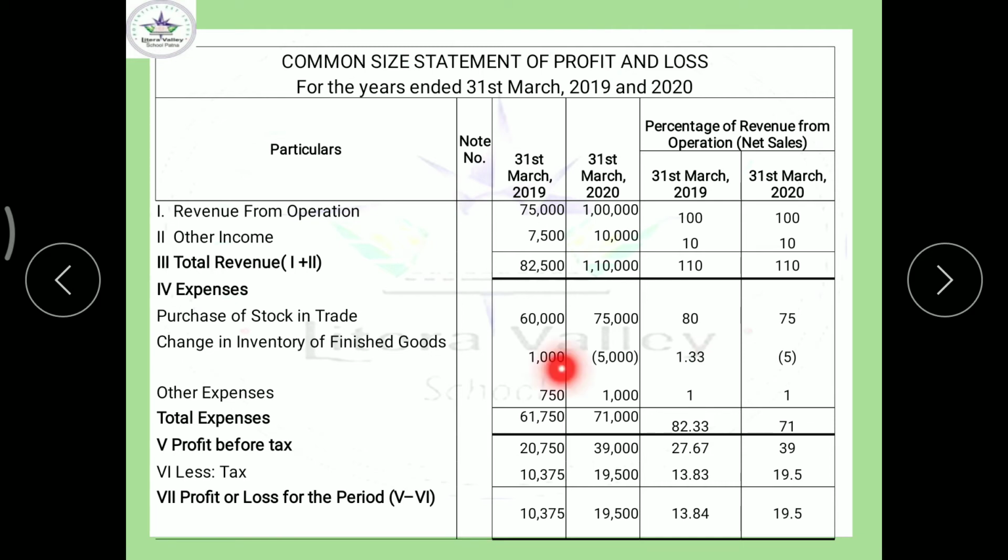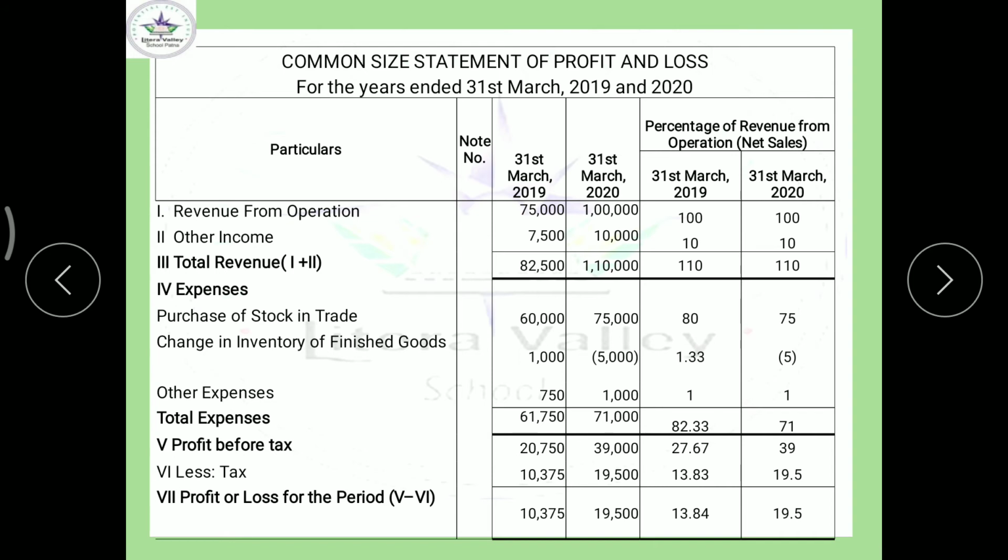Other expenses is 750, so 750 divided by 75,000 is 1% here. So the sum total, this minus this is equal to profit before tax, and that is 20,750.